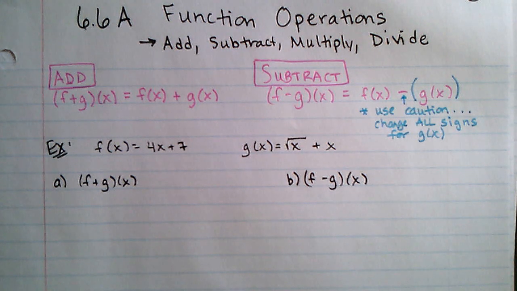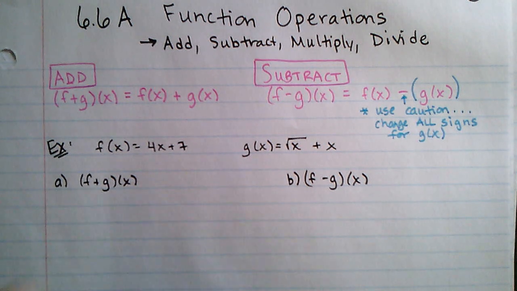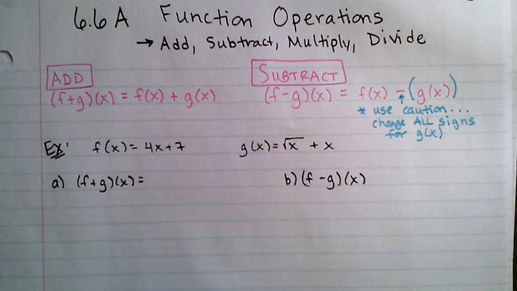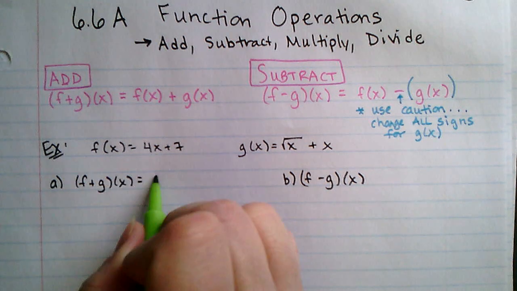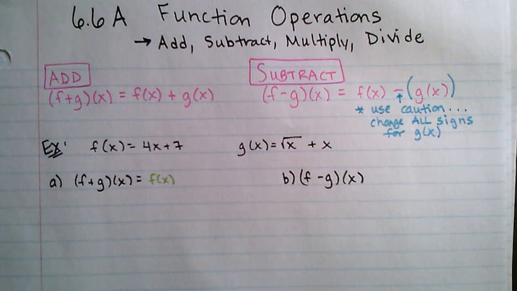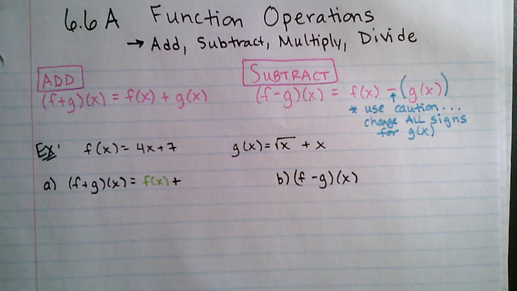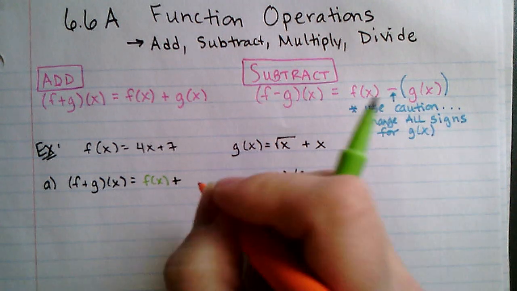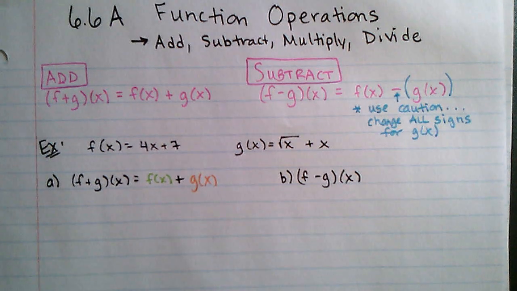So remember that f plus g of x means what I'm going to do is take my function that is f of x and add it to my function that is g of x. So I'm going to have f of x, I'm going to add g of x.